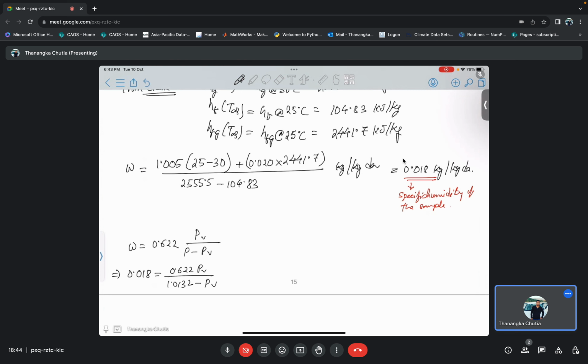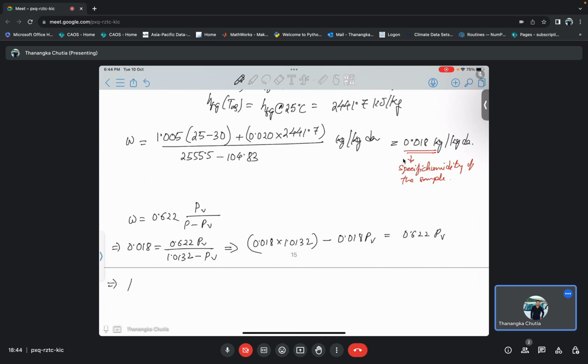This means 0.018 into 1.0132 minus 0.018 PV is equal to 0.622 PV.